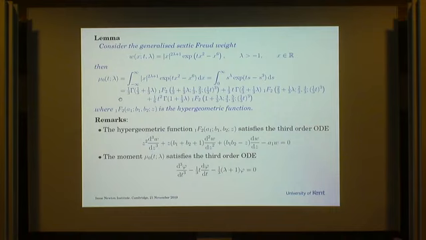So the 1F2 satisfies a third order equation. So in the past, all the weights I've had have satisfied second order differential equations. So now I've got a third order differential equation.